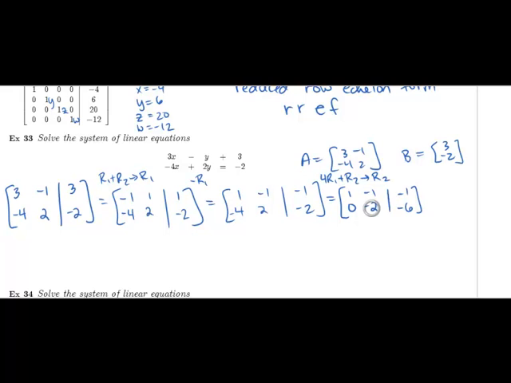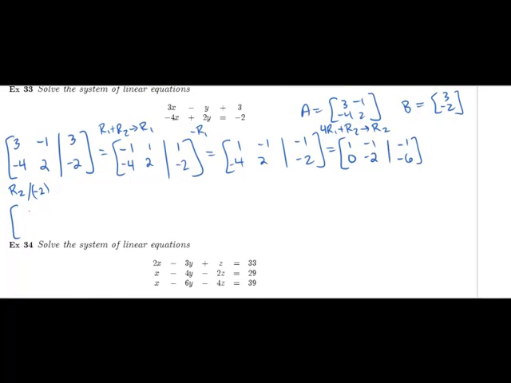Now we need to get a 1 here, so I'm going to just divide by -2. So R2, I'm going to divide by -2. Our first row is not going to change. Second row is going to be 0, 1, and 3.